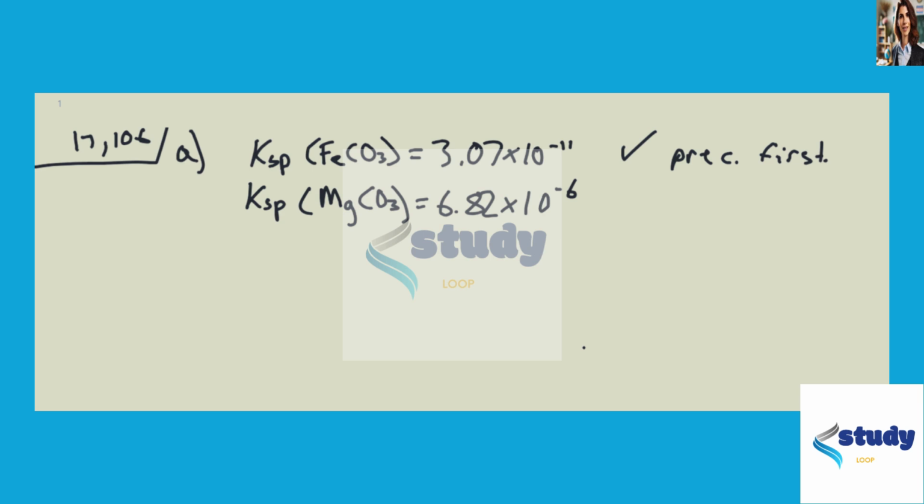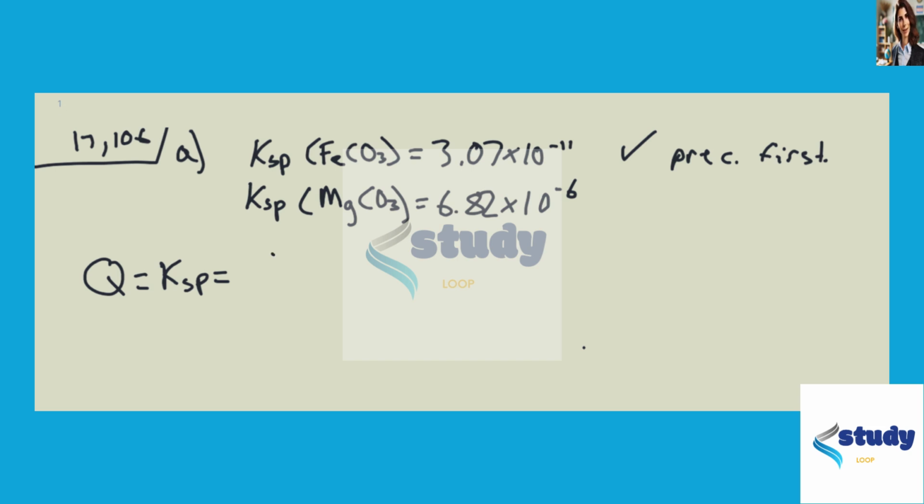So the next part of this question is what's the minimum concentration of potassium carbonate to trigger this precipitation? So for that, we need to set up our Q. So when precipitation begins, Q is equal to KSP, and KSP, since we have a 1-to-1 ratio of anion to cation, is just going to be equal to the concentrations times each other.